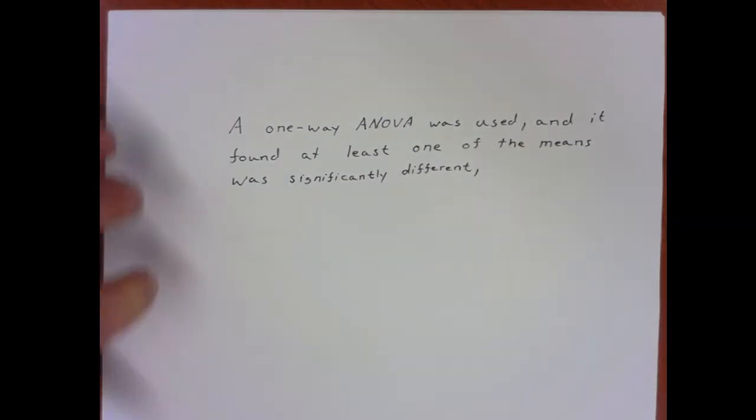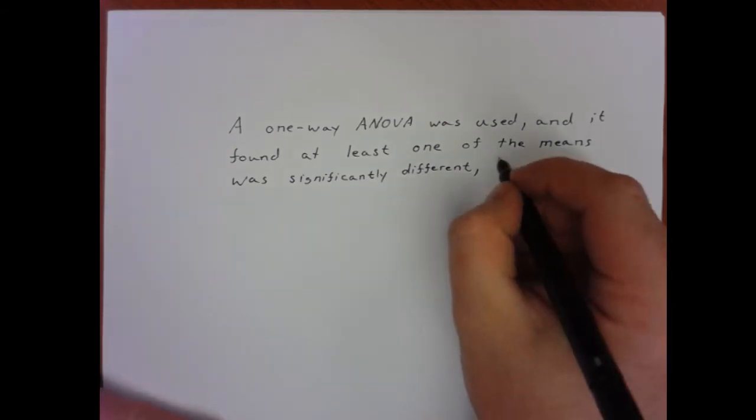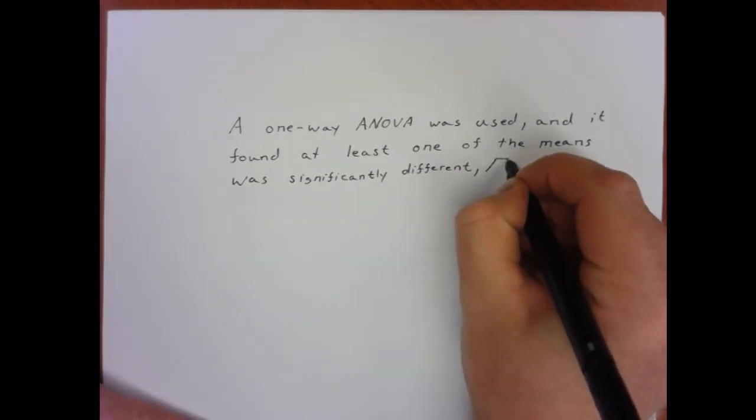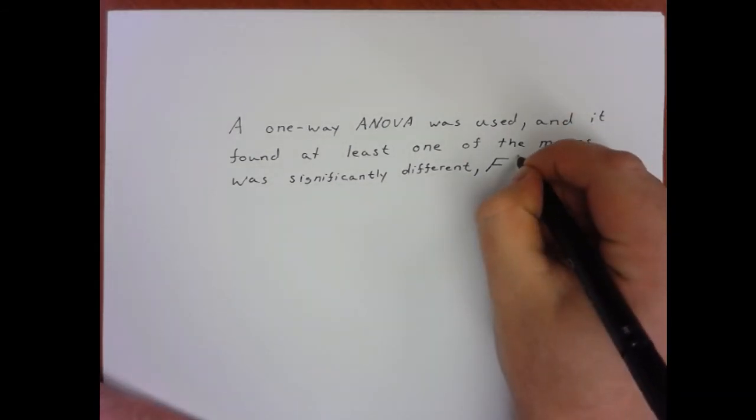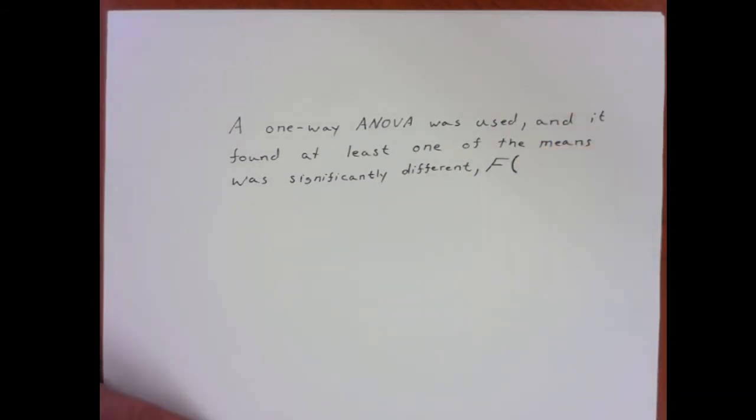Now is when we actually go about reporting our ANOVA, specifically the statistics from it. Now, an ANOVA is a type of F-test, so we use the capital and italicized letter F to indicate that. Then, just like a t-test, we report our degrees of freedom, but now we have two different degrees of freedom.